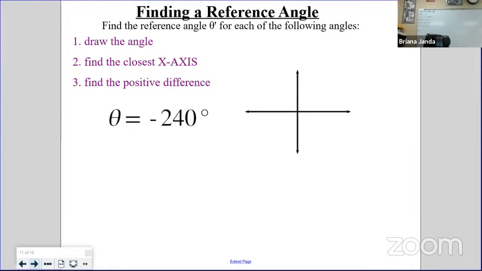The distance is still 240 degrees. The negative just tells me what direction to start doing that in, right? So negative 240, start on your positive x-axis. If I go that first line, that's negative 90, negative 180. I'm not going to get all the way to the next line because that would have been negative 270, and I was only supposed to go negative 240.